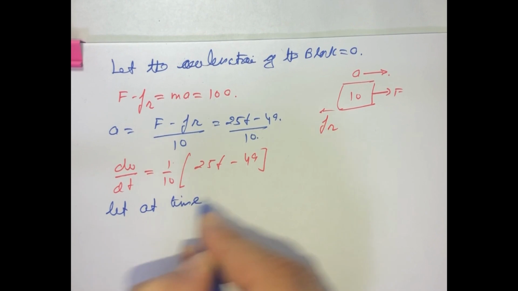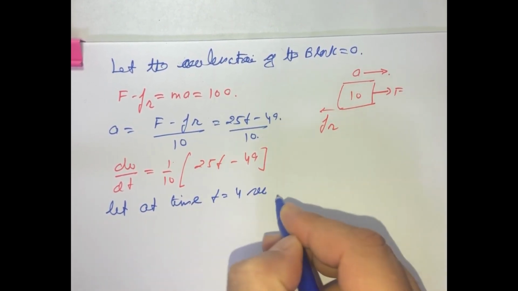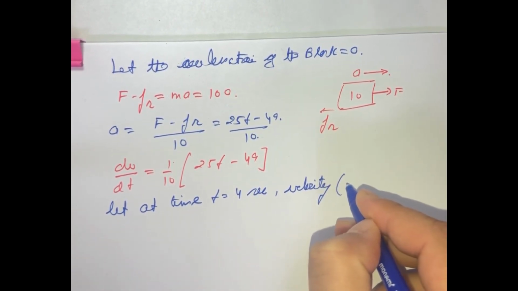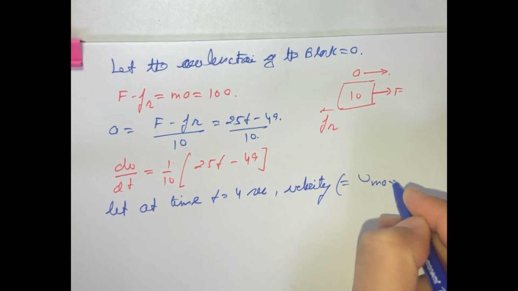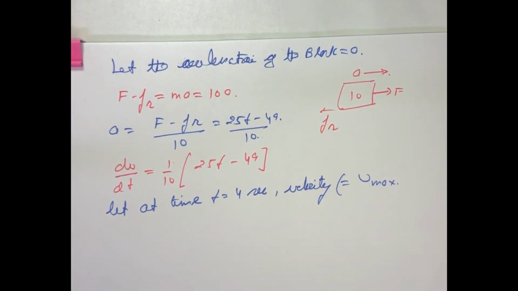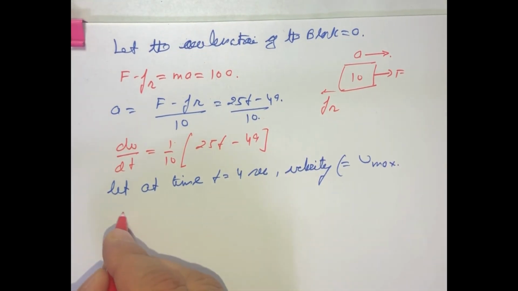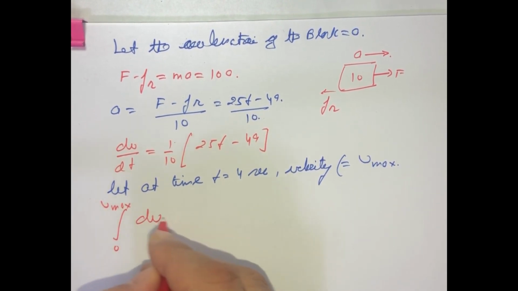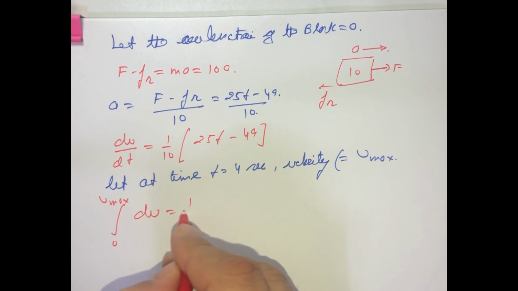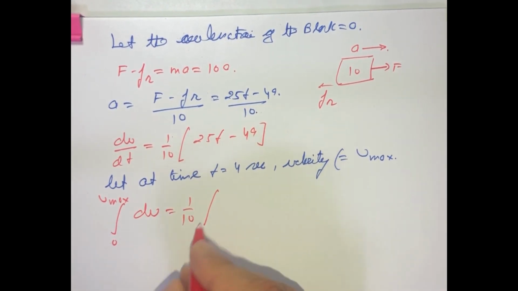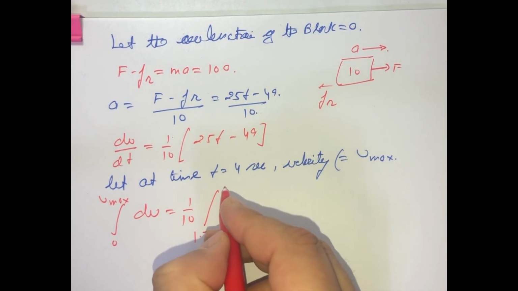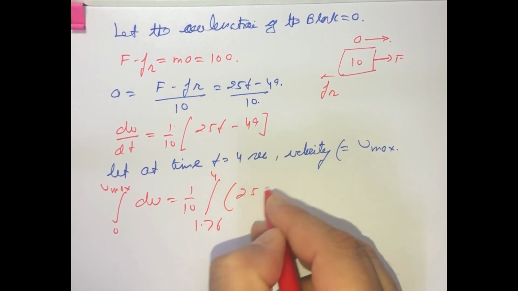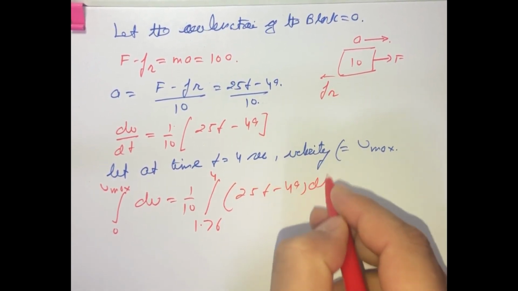Therefore we can integrate from 0 to Vmax, dv equals 1/10, and the motion starts at 1.96 and we integrate up to 4 for this particular equation, so 25t minus 49 dt.